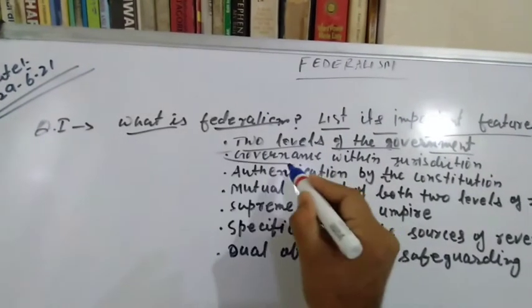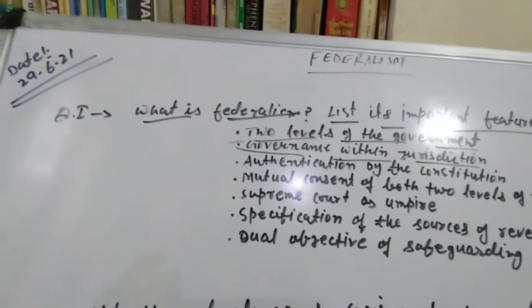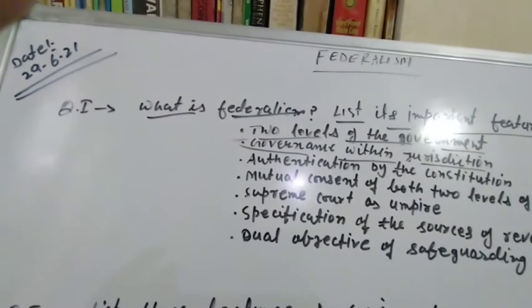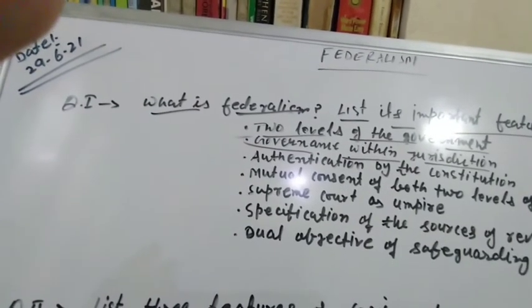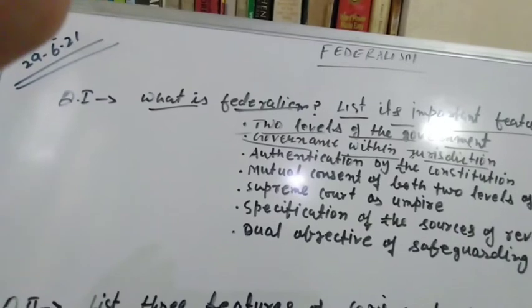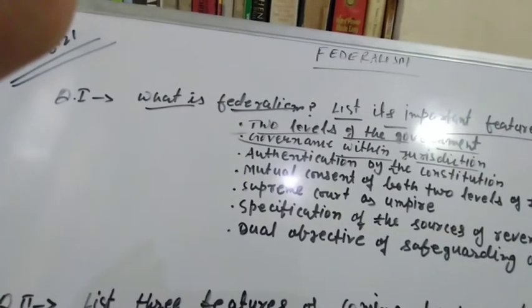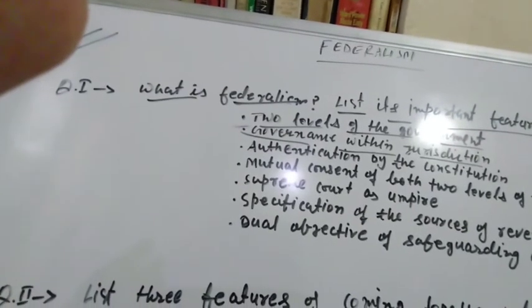Second point is governance within jurisdiction. In a federal country, both state and central government have their peculiar and separate powers. Neither state government has the right to interfere in central government, nor does central government have the power to interfere in state governments. All rule within their own jurisdiction.